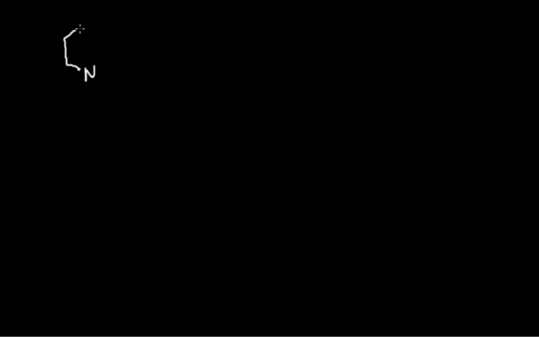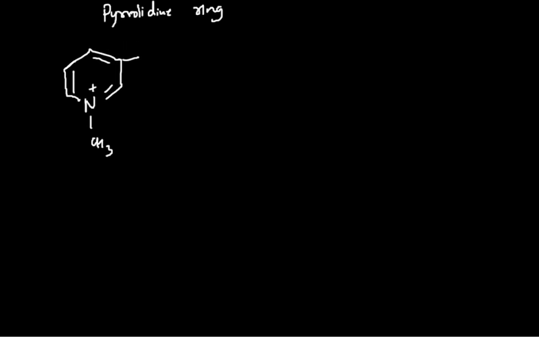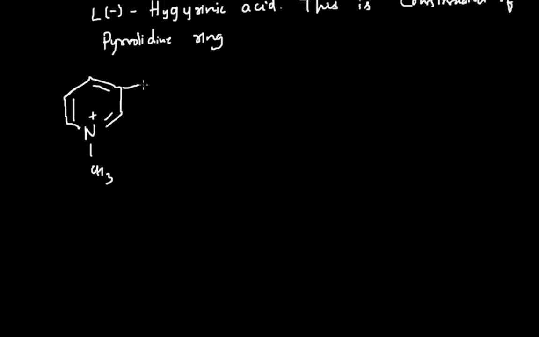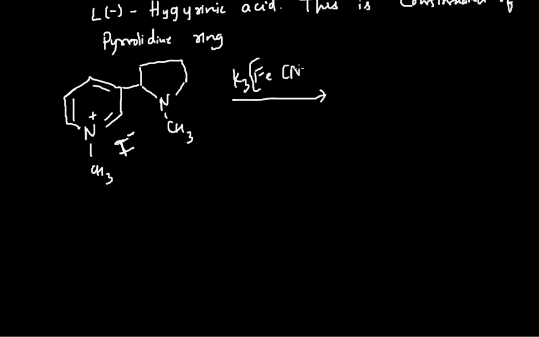What is this structure? Isomethiodide in presence of potassium ferricyanide, K3Fe(CN)6, gives nicotinone.